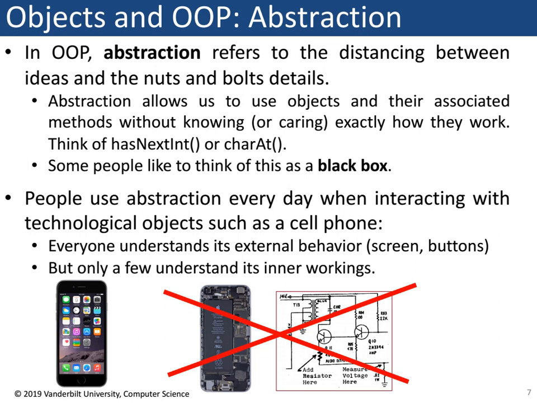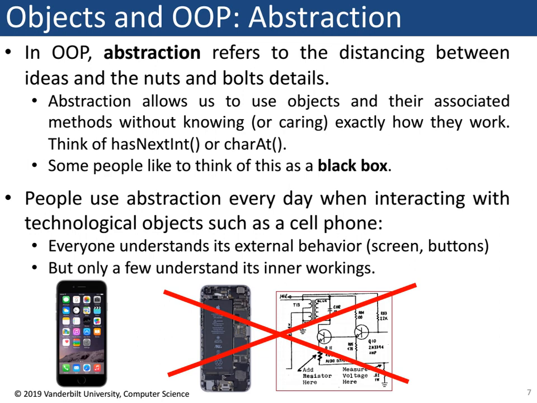I'll introduce one more example so that we can use it as a template for discussing objects a little bit further. Most people know how to use an iPhone. They understand the screen, they understand that it has a touch screen, and they understand how to interact with apps. However, very few people understand the actual inner workings of the iPhone.